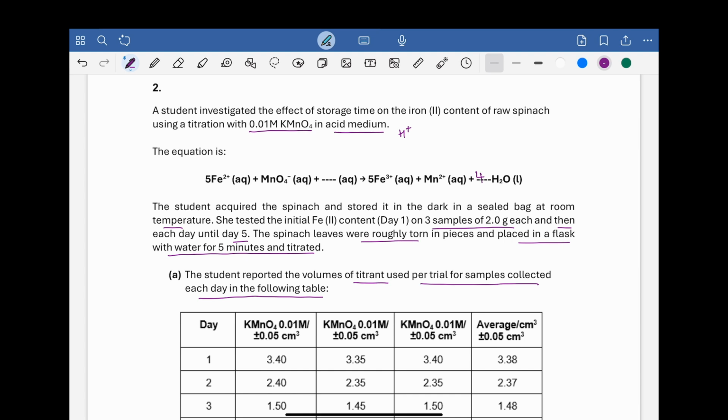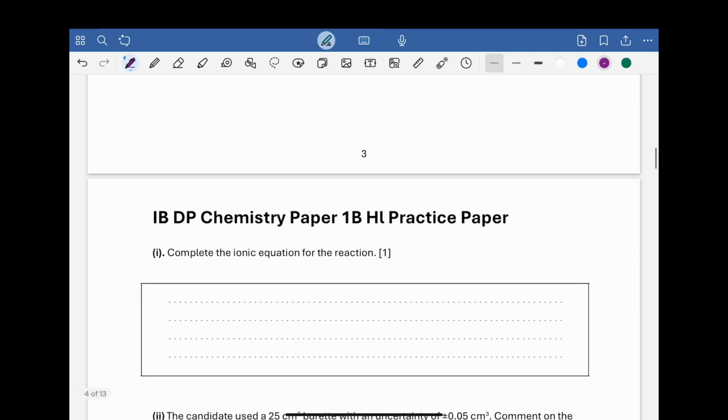Next we need to balance the protons, so we have 8 hydrogens on the product side, so we write 8H plus. So we have 5 Fe2 plus, MnO4 minus, plus 8H plus, giving 5 Fe3 plus, Mn2 plus, and 4H2O.